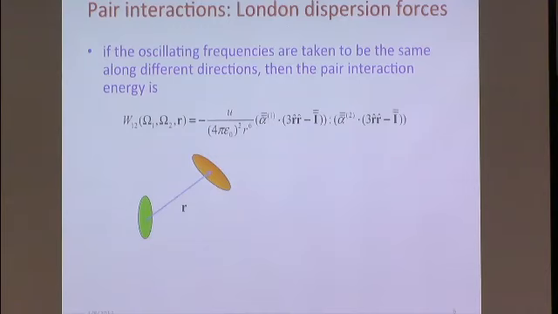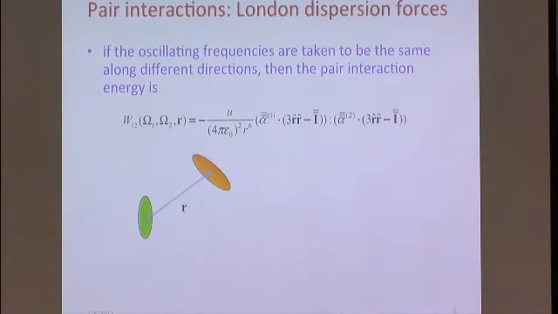If the oscillating frequency of the electrons is taken to be the same along all different directions, then the pair interaction energy between two molecules will take this form. This is an anisotropic interaction. It not only depends on the intermolecular separation, but also on the intermolecular vector direction r hat.